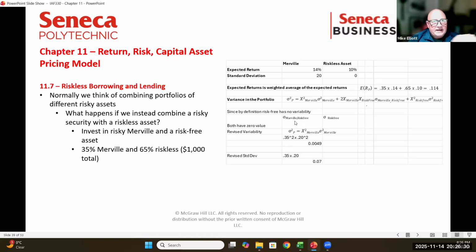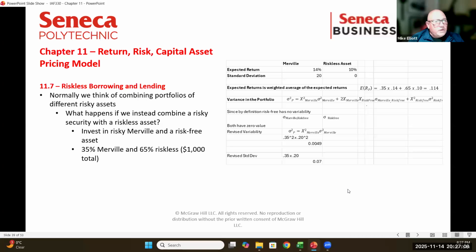Since the risk-free asset has no variability, anything we multiply by that is also 0. So we don't have to worry too much about the cross correlations or the cross covariance. What we have to worry about is Merval. So 35% of our investment has a 20% standard deviation. 35% squared times 20% squared gives us a revised variability of 0.0049, or a revised standard deviation of 7%.